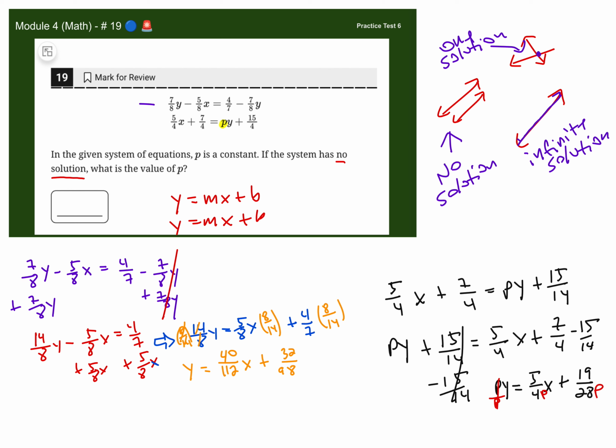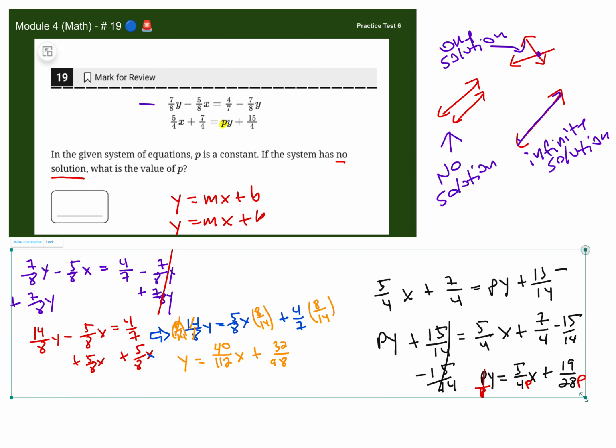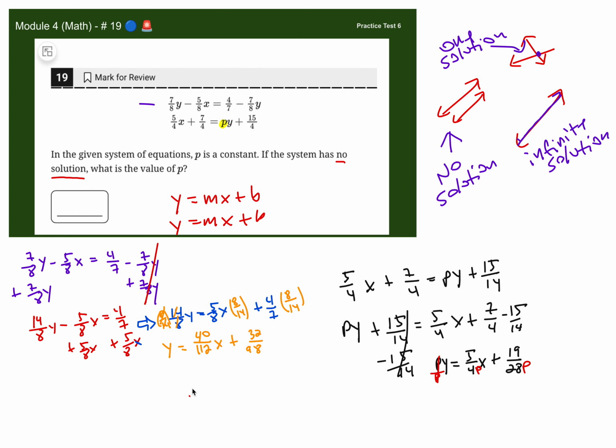Okay, now let's deal with our two equations. We have our first equation, which is y equals 40 over 112x plus 32 over 98.